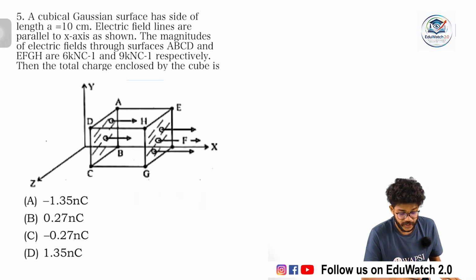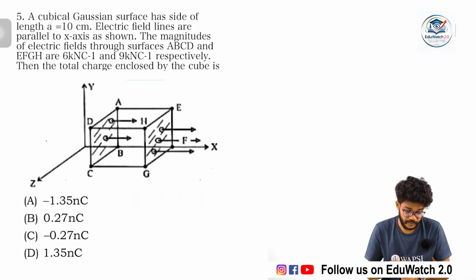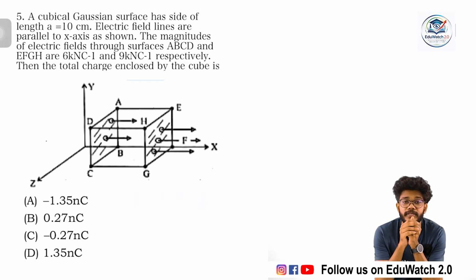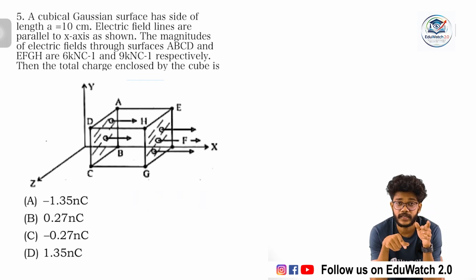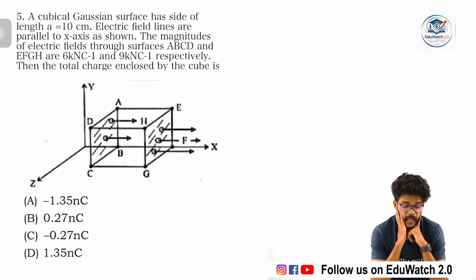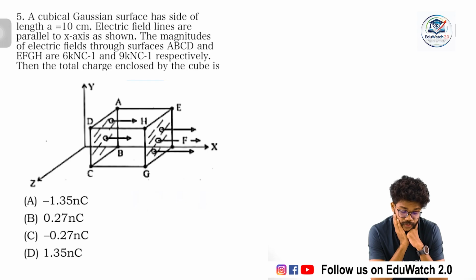A cubical Gaussian surface has length A equal to 10 centimeter. You can see the figure, a cube, with length A equal to 10 centimeter and electric field lines parallel to the x axis.